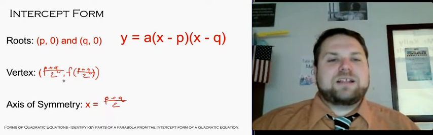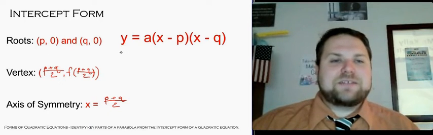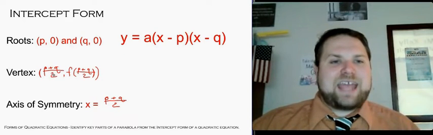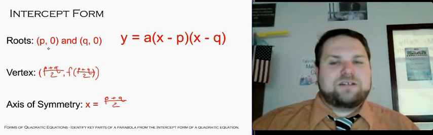This is actually pretty clever when you stop and think about it, because my roots, p and q, are separated by the same distance from the axis of symmetry. Since all quadratics are symmetrical, the vertex has to be exactly halfway between p and q, at least the x-coordinate of the vertex.